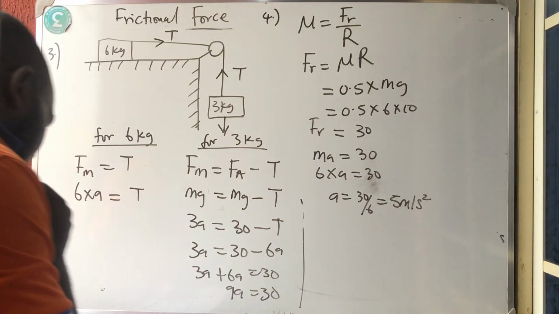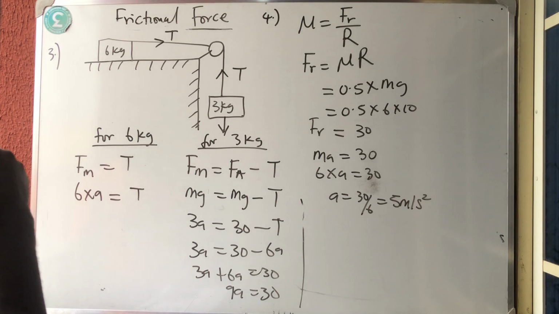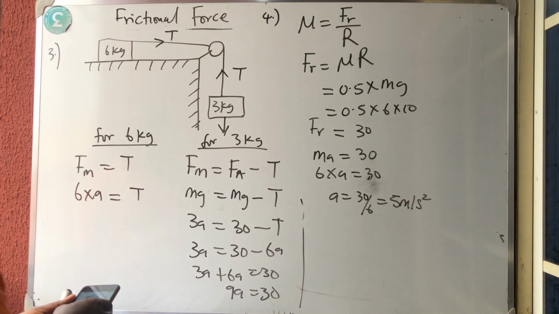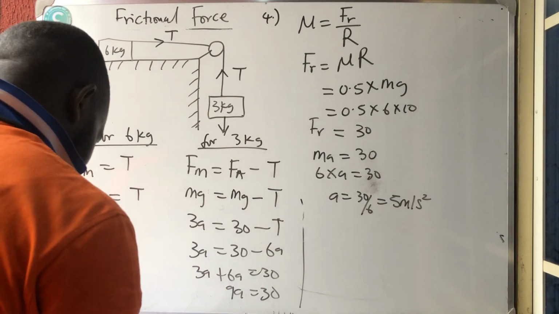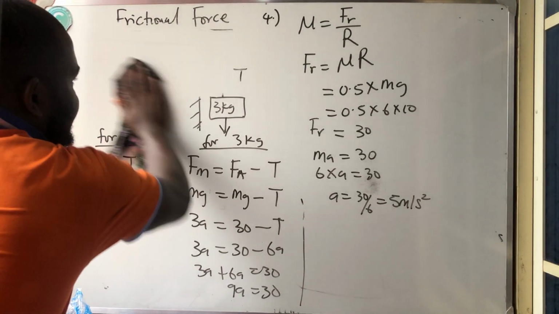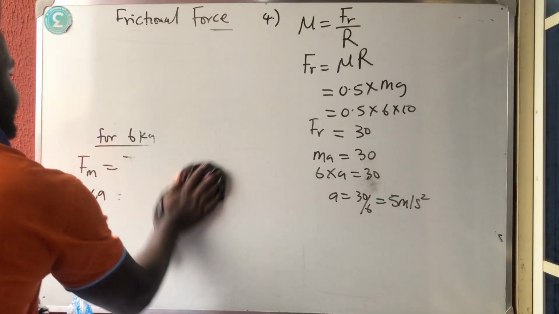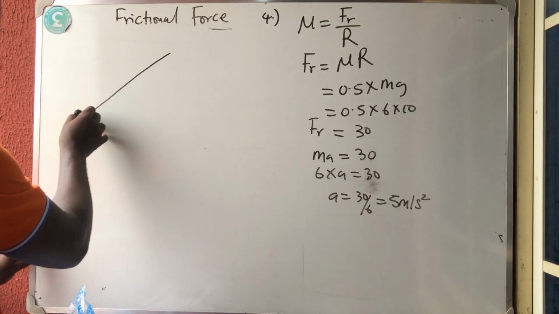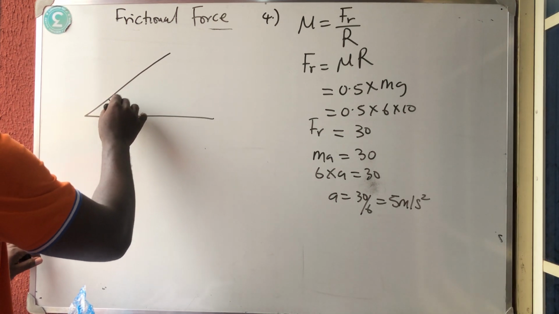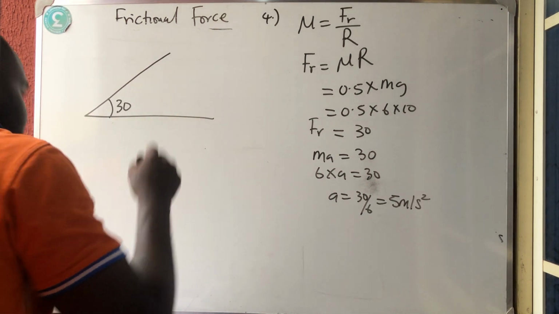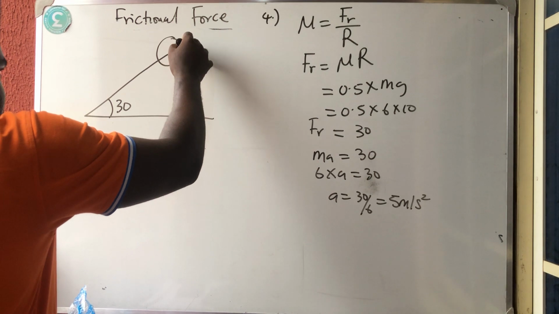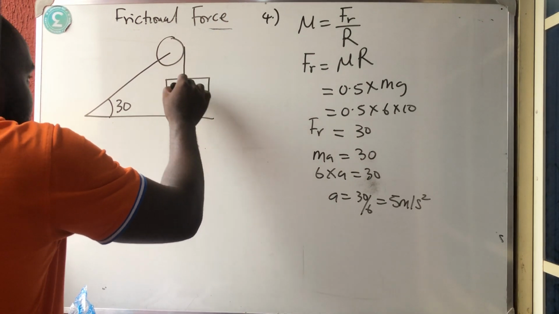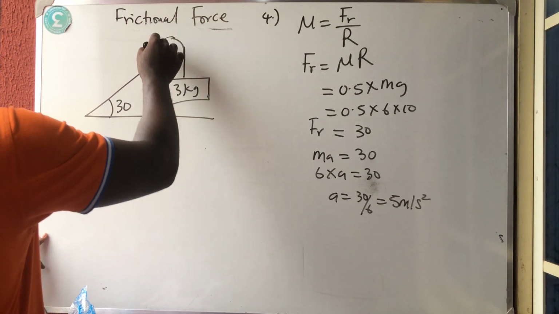So let us continue. Question number 5 gave us something like this. 30, 3 kg.